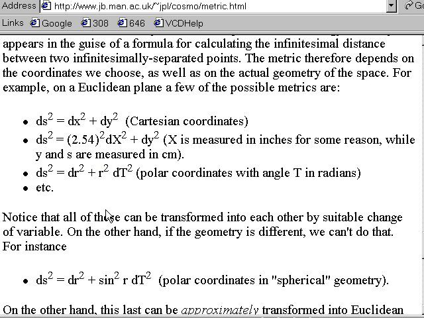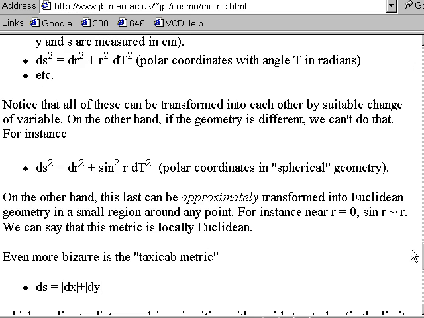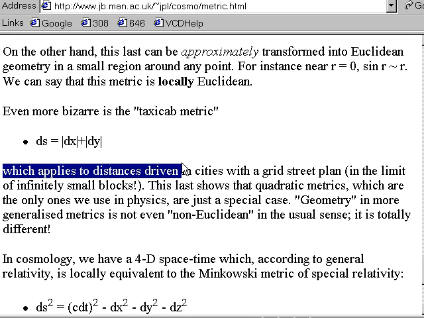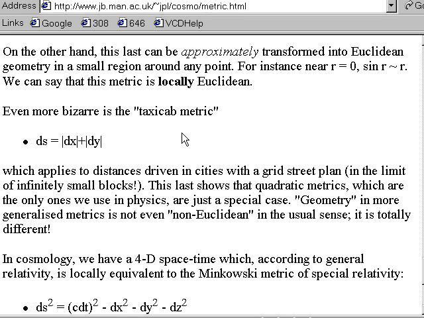Now if you change the units, for example, you do it in centimeters and feet, you might get a slightly scaled metric. If you do it in polar coordinates, you would have a factor r squared in there. On the other hand, if you change variables, you can transfer one metric into another, but sometimes, like going from a sphere to a plane, you can't do that because there's this variable coefficient in here that you can't deform.